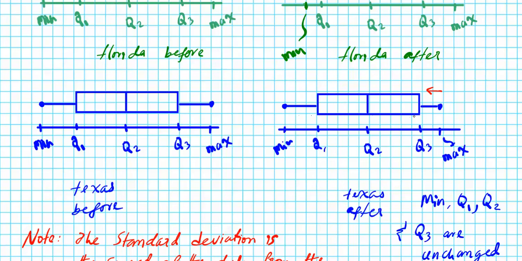Now if you look at this data representation here, does it look like the spread has been expanded or has it been reduced? You notice that every other point stayed the same, minimum, Q1, Q2, and Q3, but the maximum was shifted towards the left. So the spread decreases because of this reduction in population.